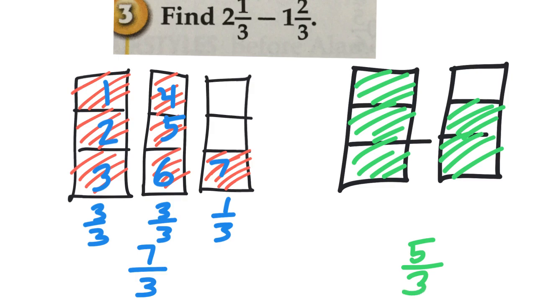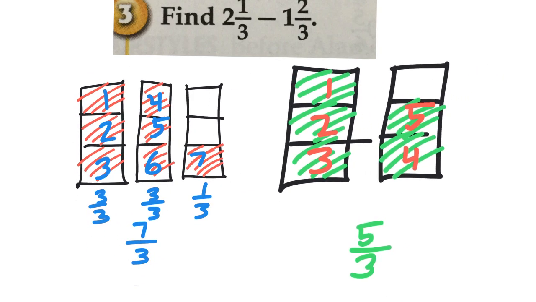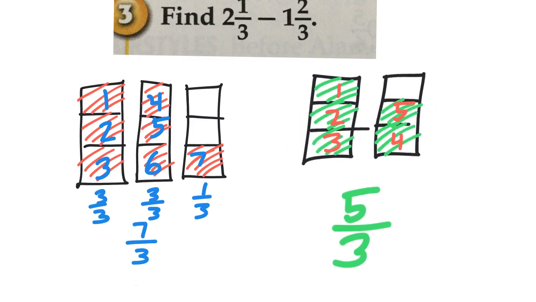I have, again, the building divided into thirds. I have 1/3, 2/3, 3/3, 4/3, 5/3. So that's what we're actually doing, okay?